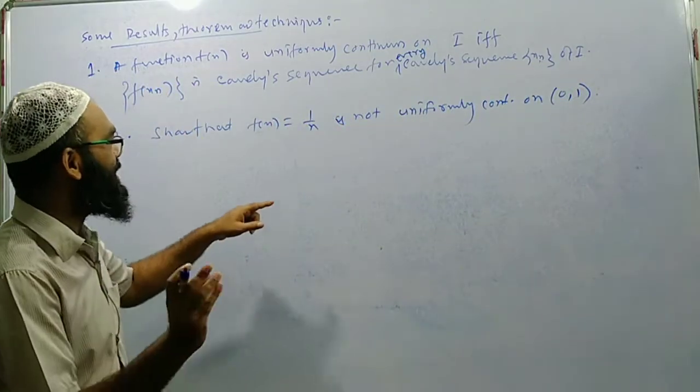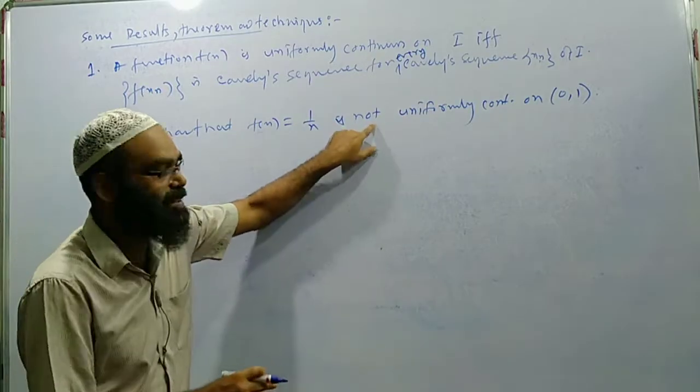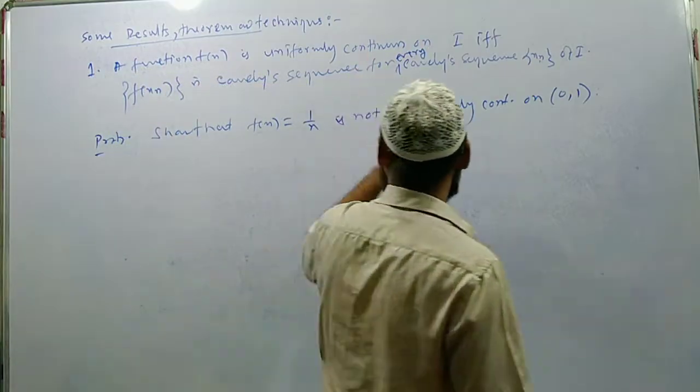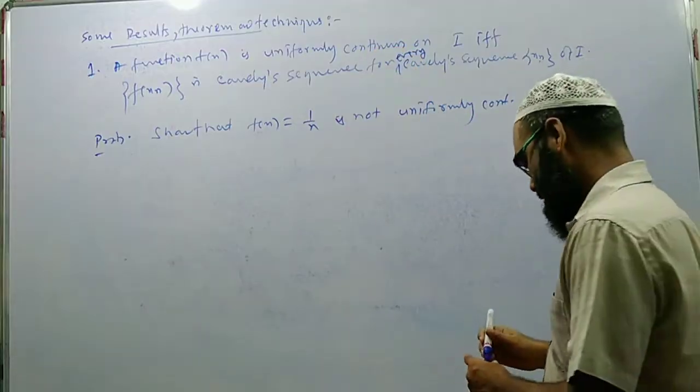Here the problem is to show that f(x) is not uniformly continuous, and we can apply the sequential approach.